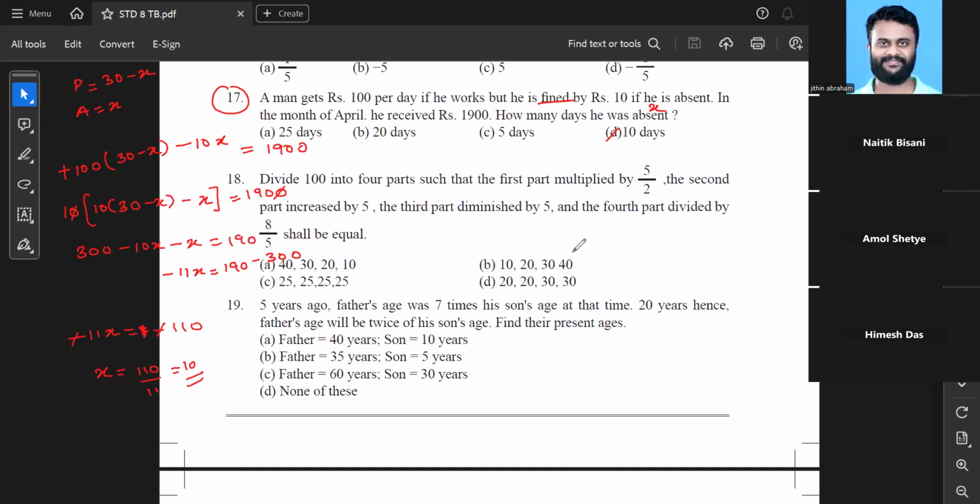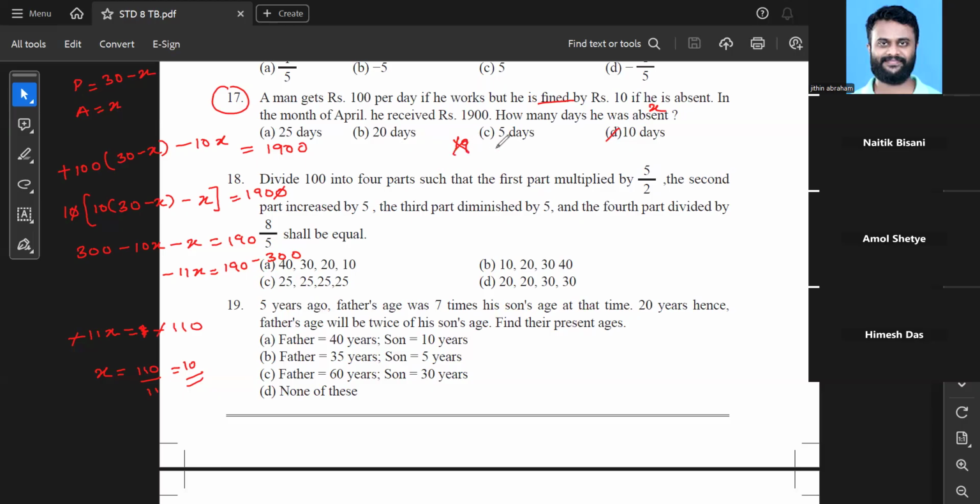Thank you, sir. Can you repeat the method he said? Since it is 1900, he might have been present for more days than 19. He'll get 1900 when he's present for 19 days. So obviously he might have been present more than 19 days because there is a fine too, out of 30 days.